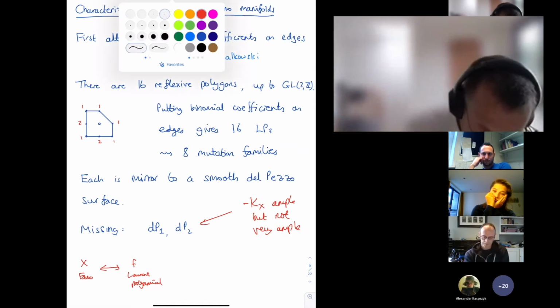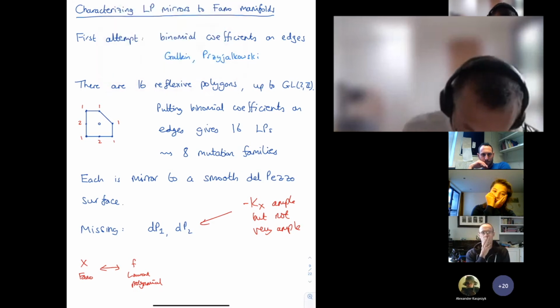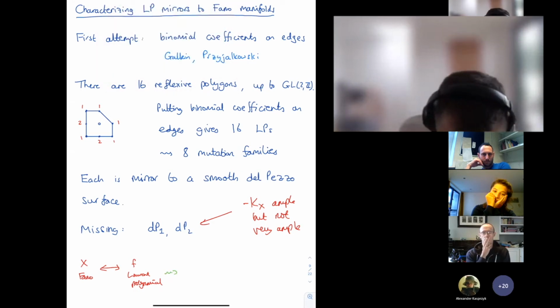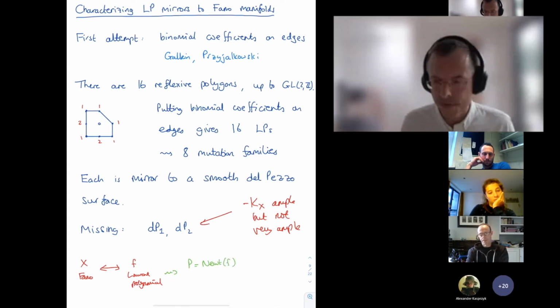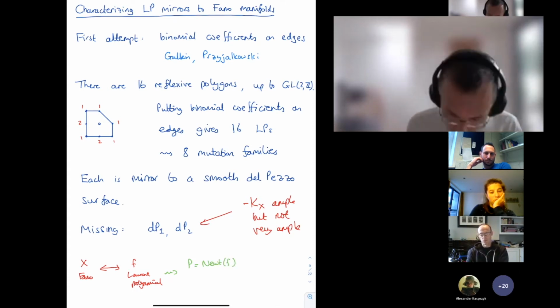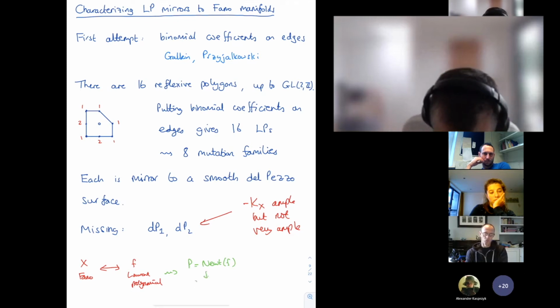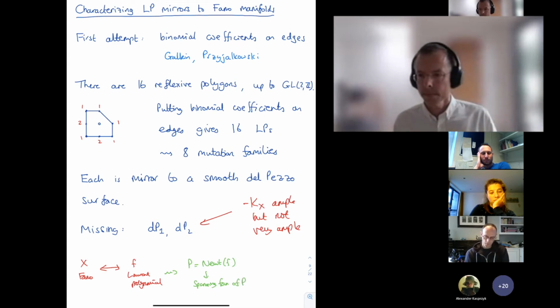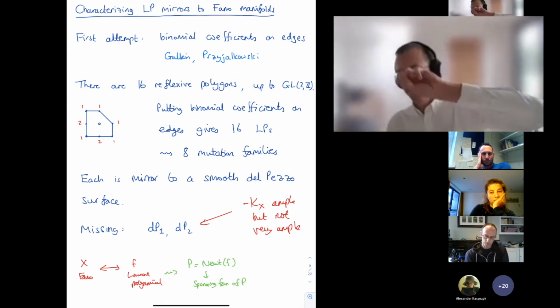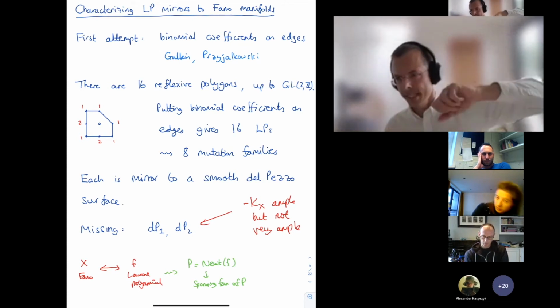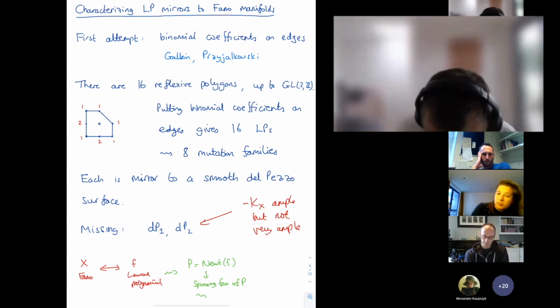For F, you can take the Newton polytope P of F, and then you can take the spanning fan of P. So you take the fan spanned by the faces of P, and that gives you a toric variety, which I'm going to write as XF.